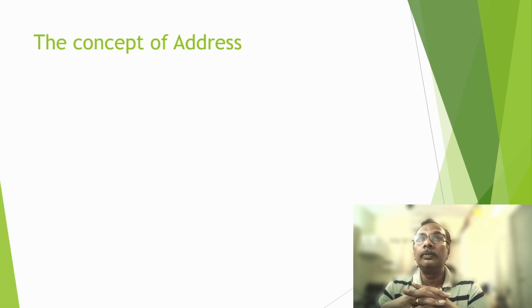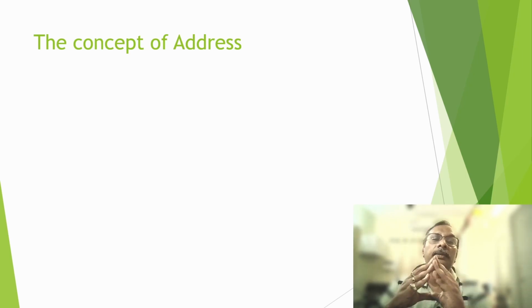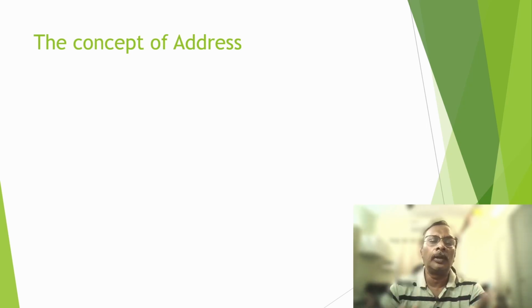To understand that, we should understand the concept of address in the memory. So what is an address? You know what an address is. What is your home address? Your home has a specific address for unique identification of your location.